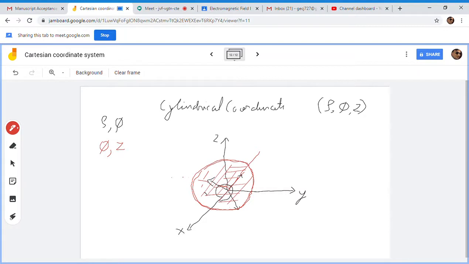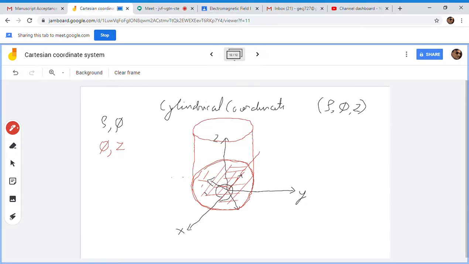Now you have to move in the z dimension. So what is the z dimension? It is the z direction, and you can make a circle here as well, the same circle with the same diameter.